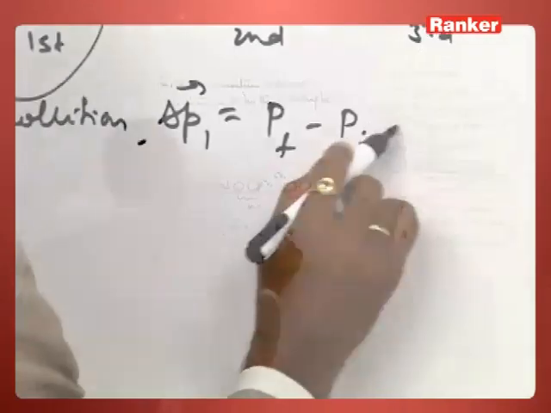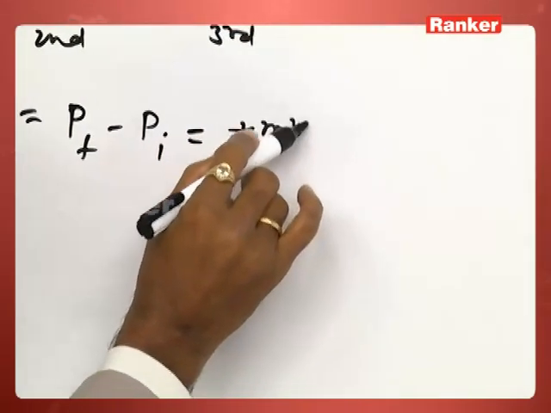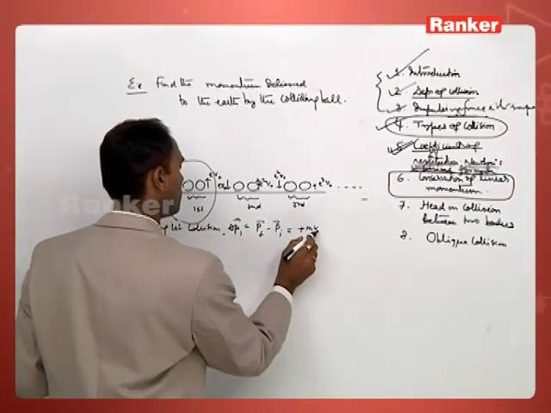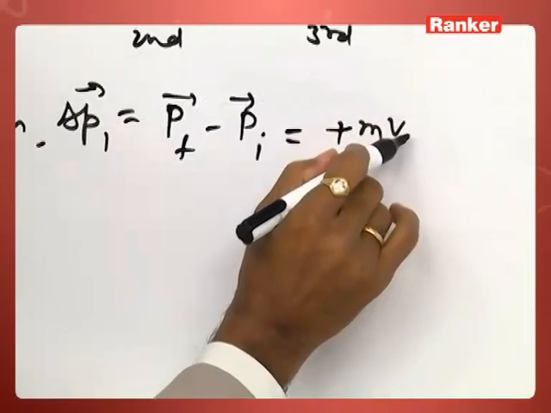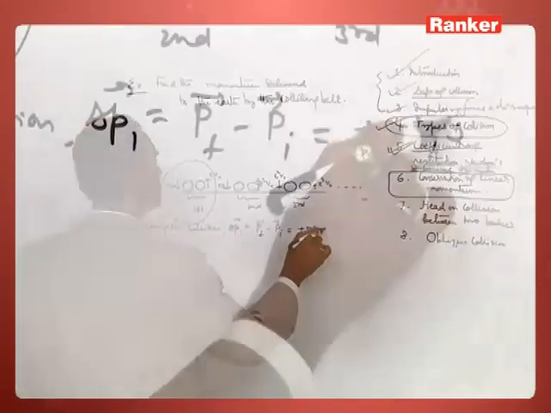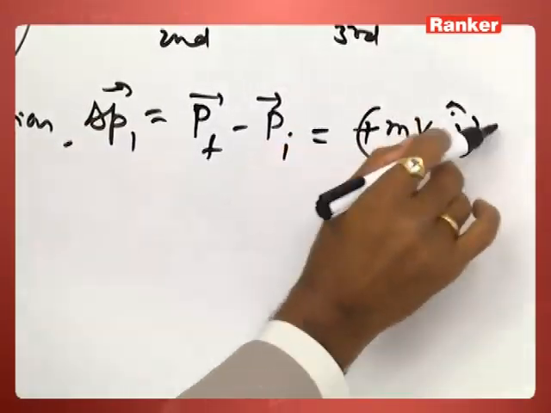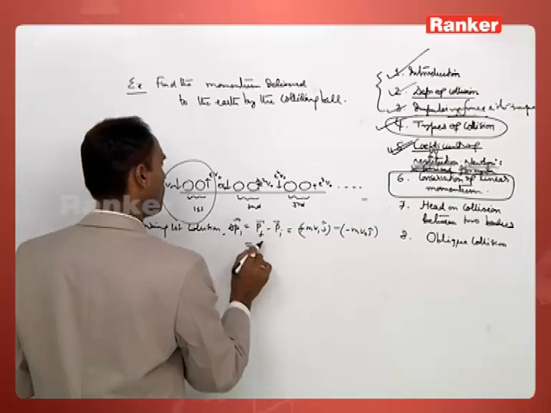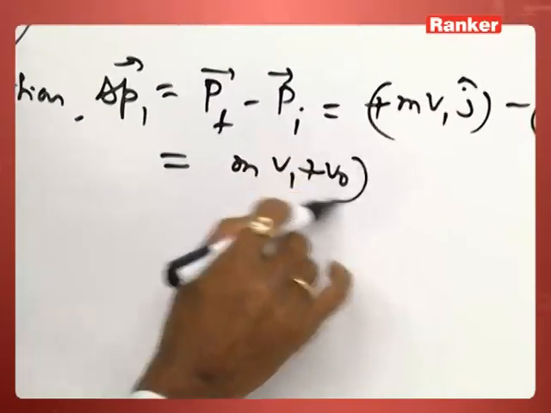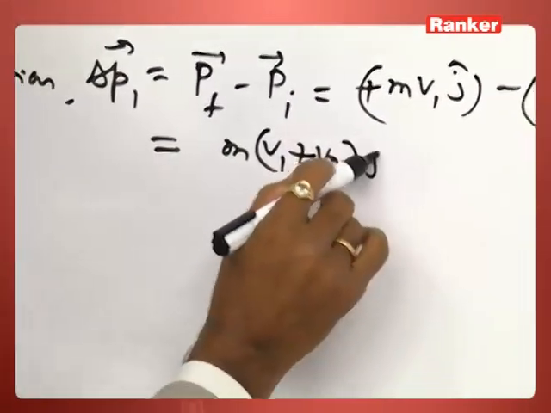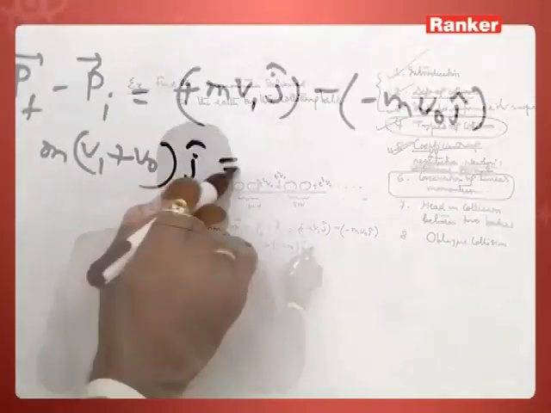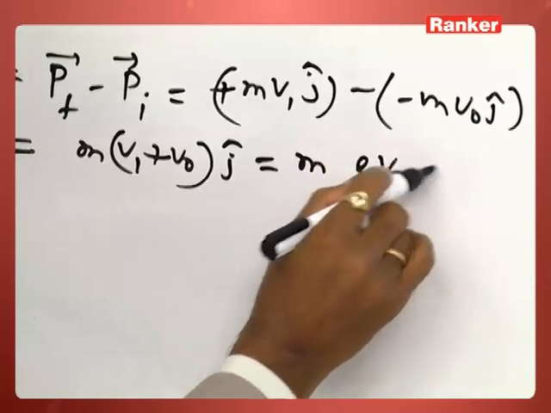Final is how much? Plus m v1 j cap minus m v naught j cap. That will be equal to m times v1 plus v naught. v1 equal to e into v naught.